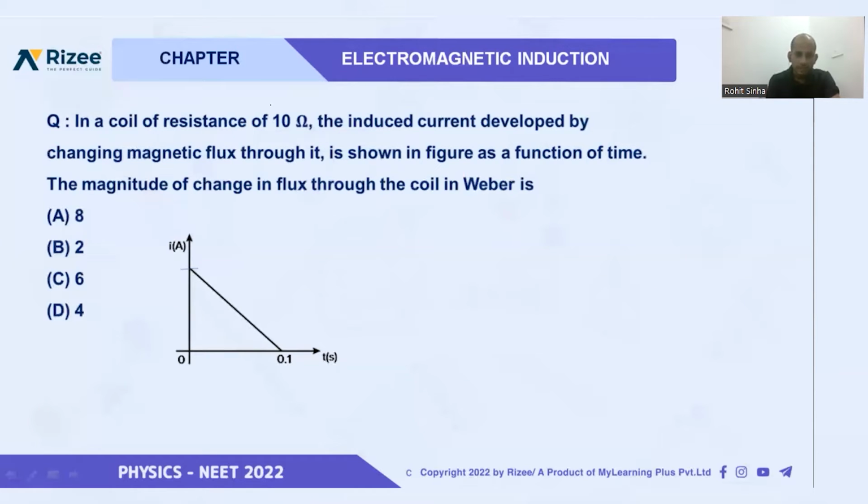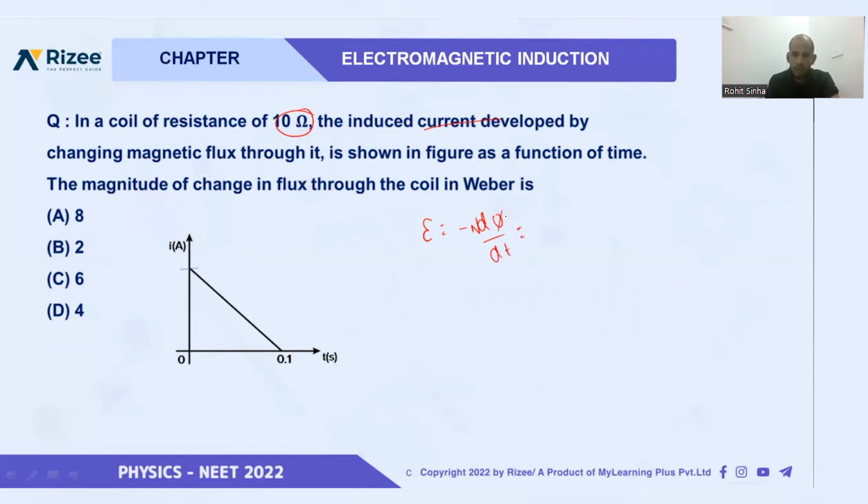Okay, let us see. It is telling that coil resistance is given. Induced current is developed by the flux changing through it. We know that E is equal to, by Faraday's law, minus n d phi by dt.